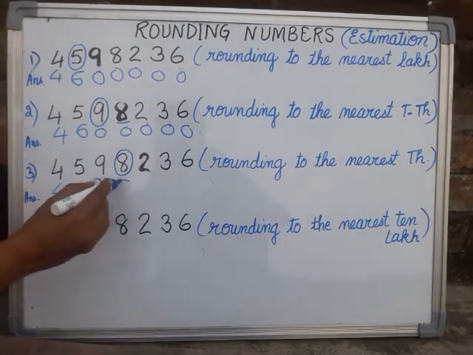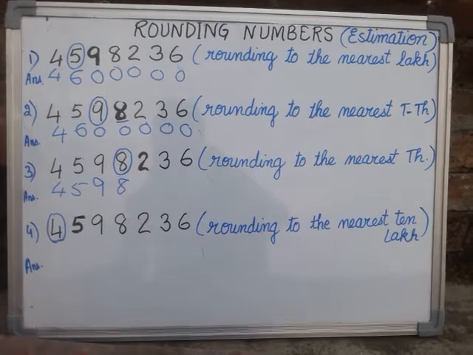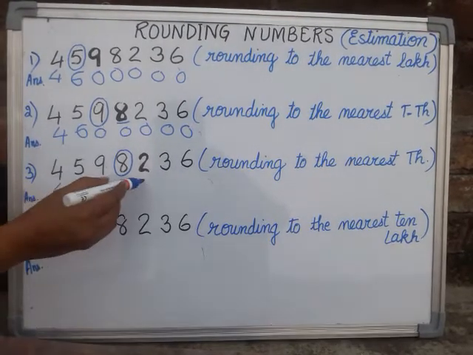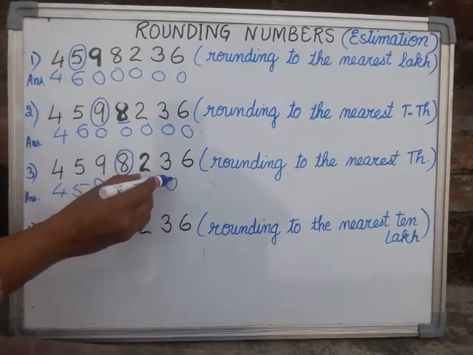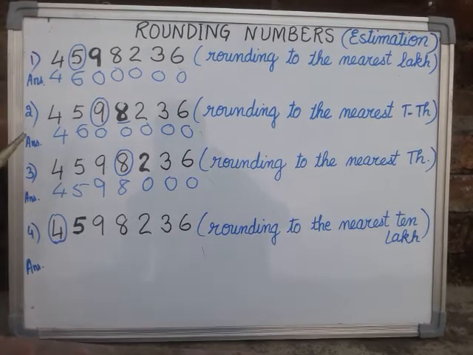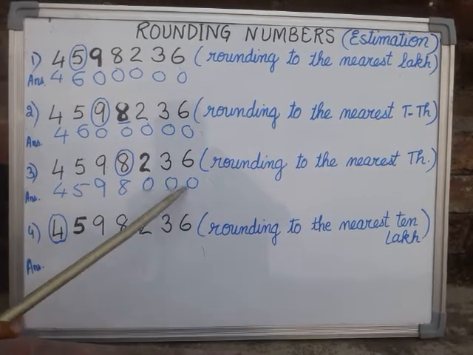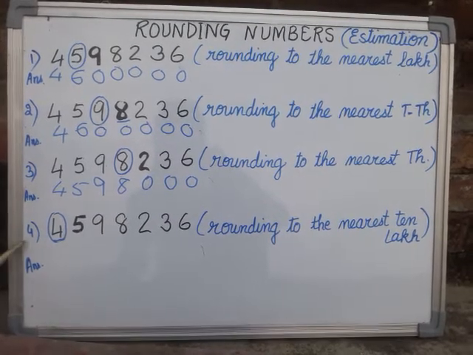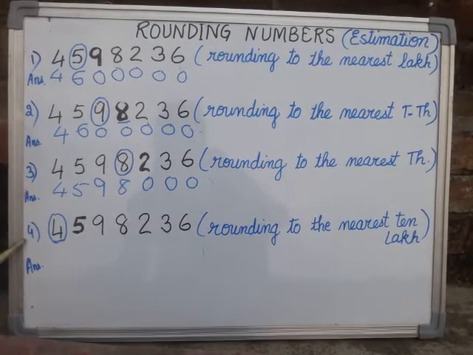It will not change. And other digits will become zeros. So, what is the rounded number? It is 45,98,000.